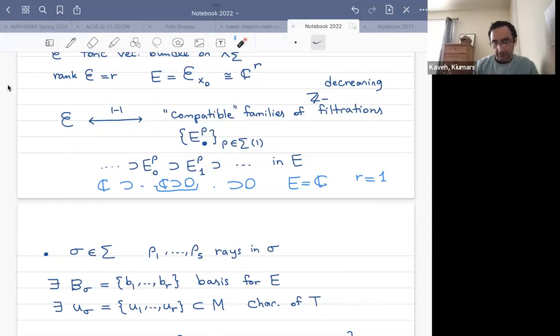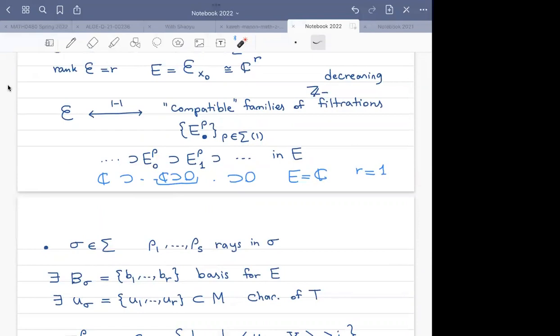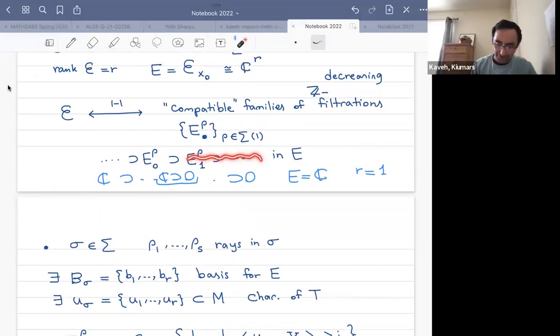Basically, another way of thinking of a filtration is you look at the jumps. Going from 0 to E, you look at where you have a jump. So you have a flag of subspaces, but for each subspace you have to say at which position in the filtration that jump happened. So you have a flag and an integer associated to each subspace in the flag.